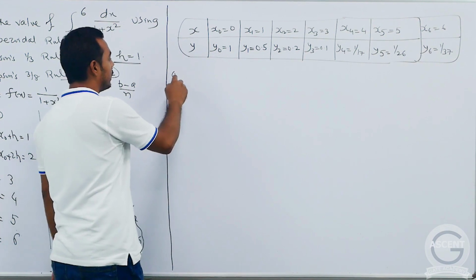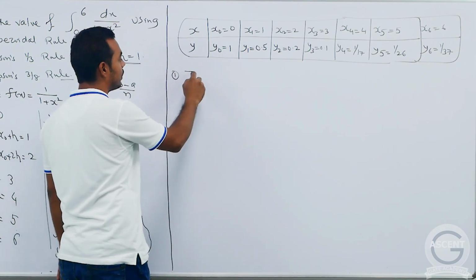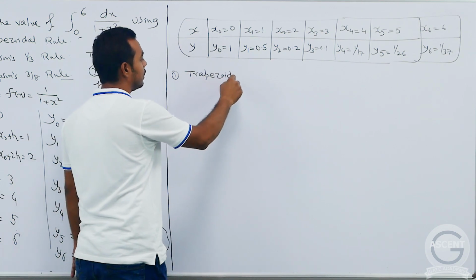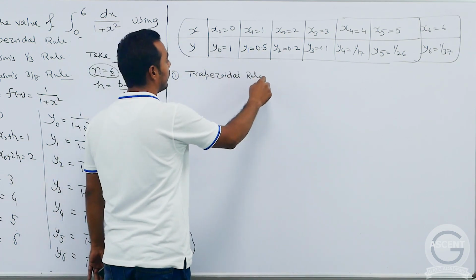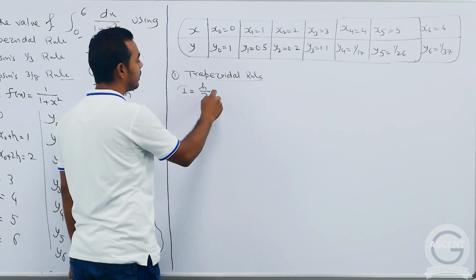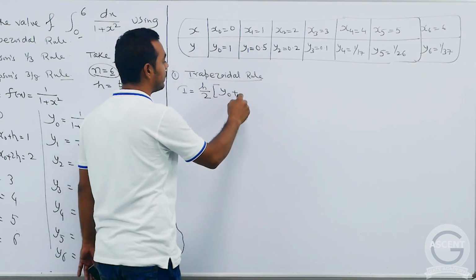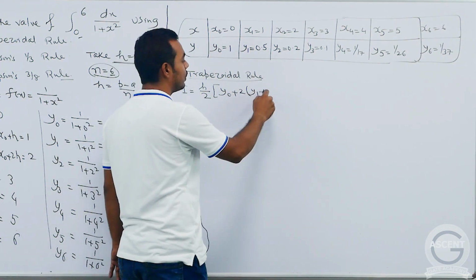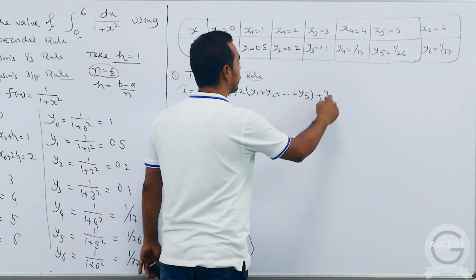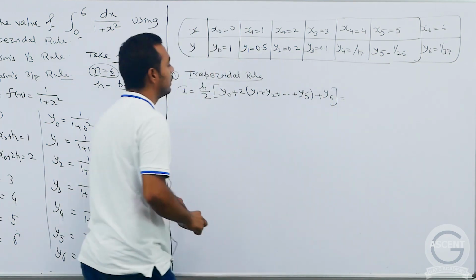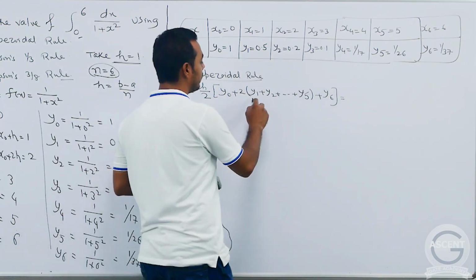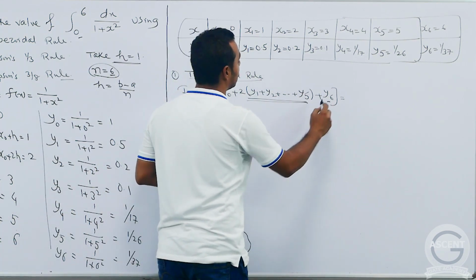Now in Simpson's, first we have to find the value of this integral using trapezoidal rule. So here the value of definite integral will be, the formula was h by 2 y0 plus 2 times y1 plus y2 up to y5 plus y6, right? Because yn is y6, so 2 times y1 up to yn minus 1 plus y6.